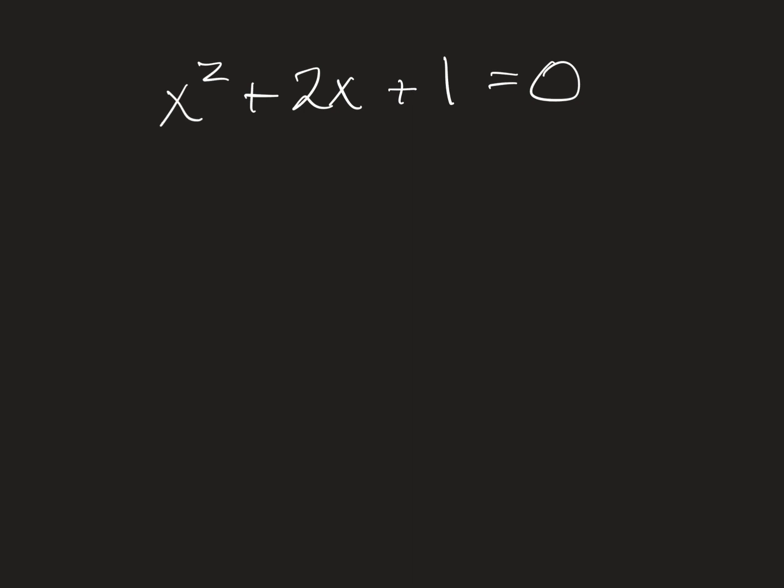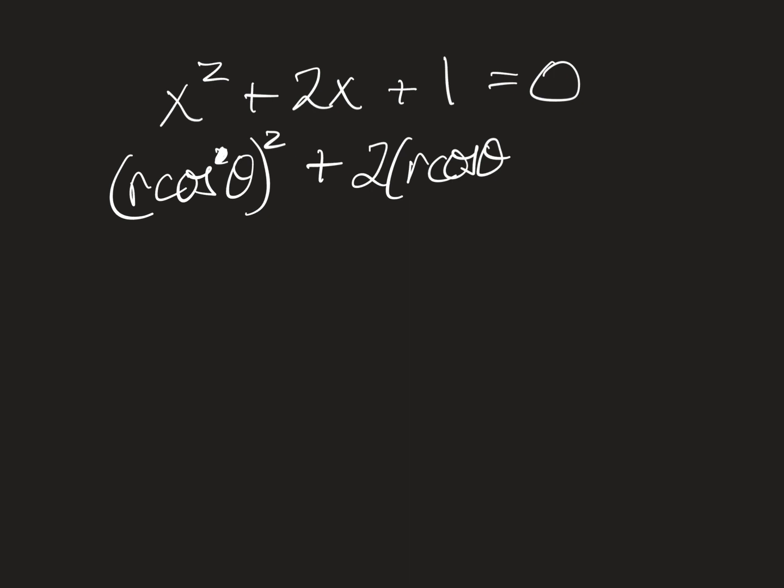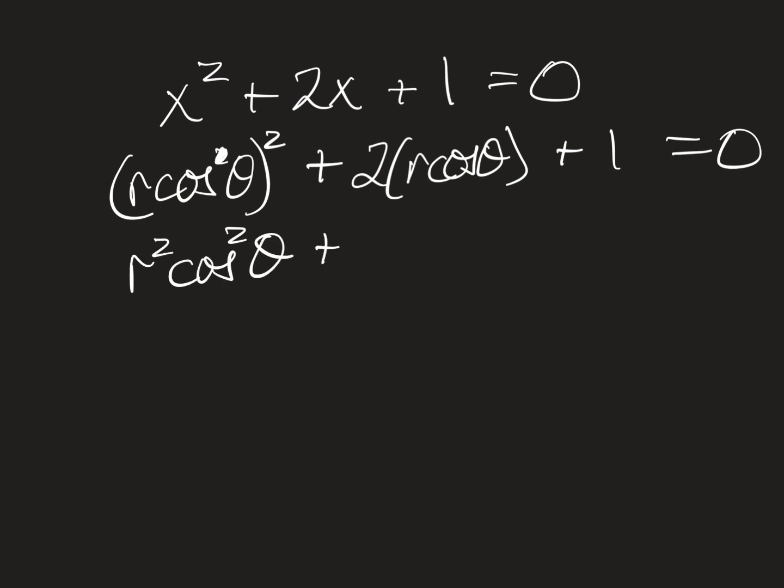And so the x's I can change to r cosine theta, squared, there we go, plus 2 times r cosine theta plus 1 equals 0. So then we get r squared cosine squared theta plus 2r cosine theta plus 1 equals 0. All right? And this is now in polar form.